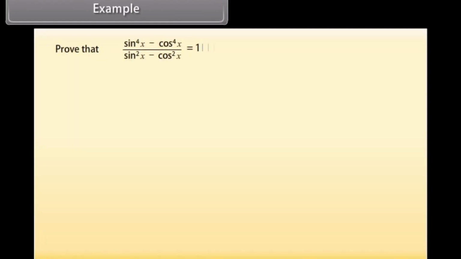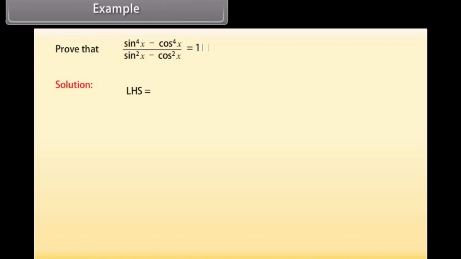Example 2. Prove that (sin raised to the power 4x minus cos raised to the power 4x) whole upon (sin square x minus cos square x) is equal to 1. Solution.